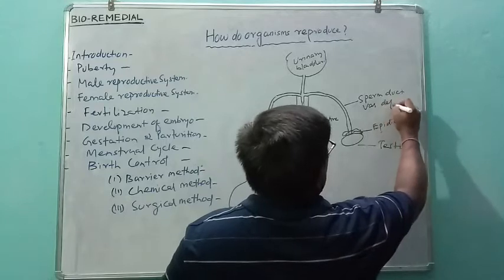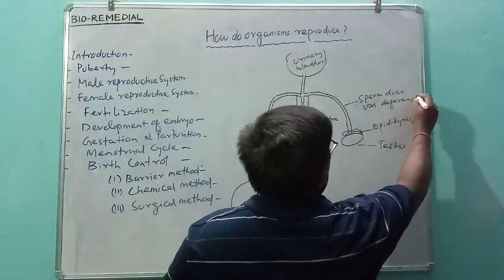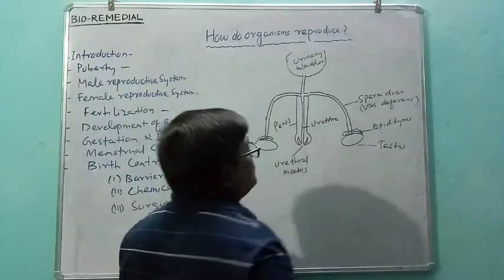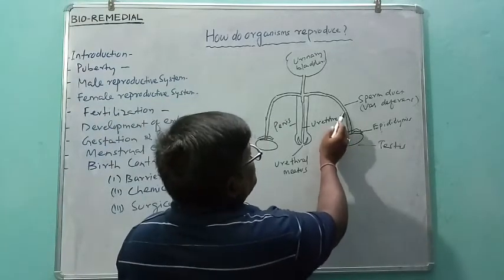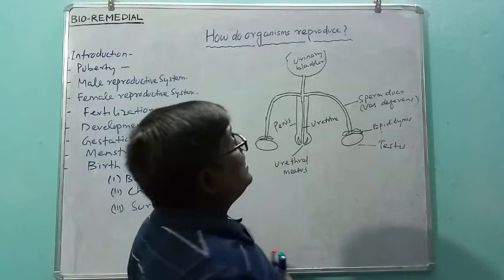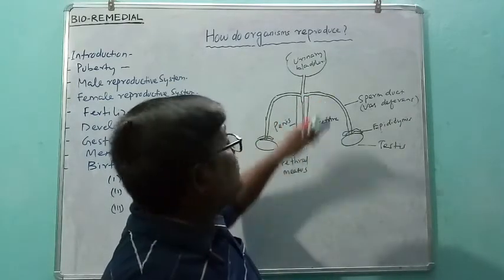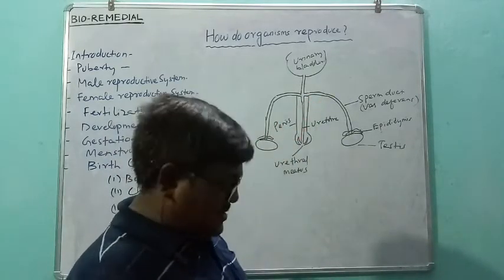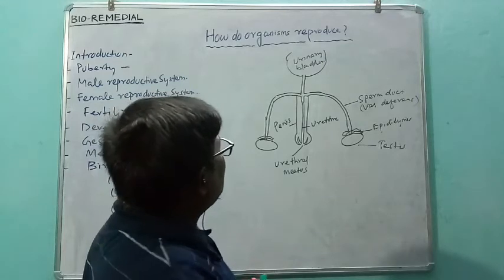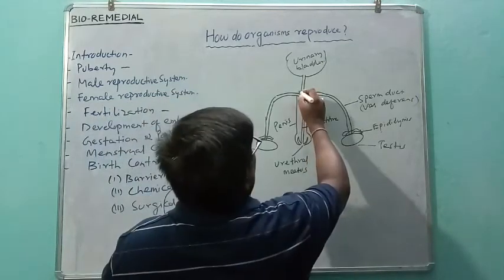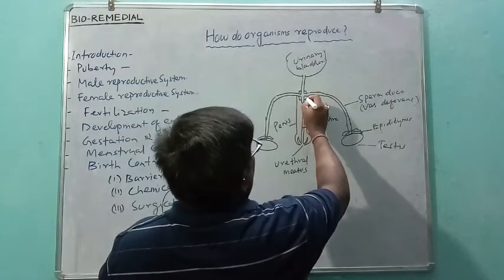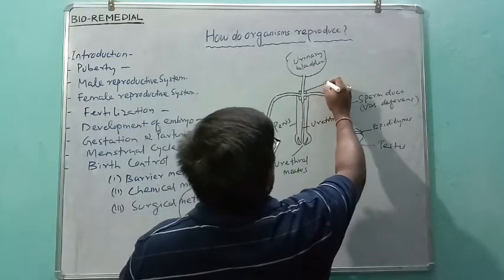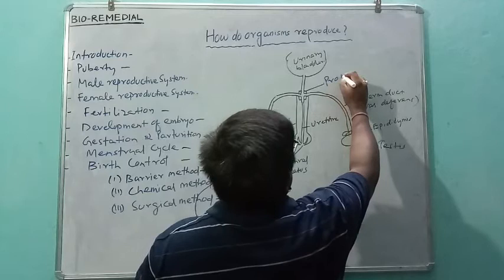The sperm duct is also known as vas deferens. So from the epididymis, the sperms will be released and pass through this sperm duct, and this sperm duct is connected to the urethra. Now there is a gland at the beginning of the urethra. This gland is called the prostate.